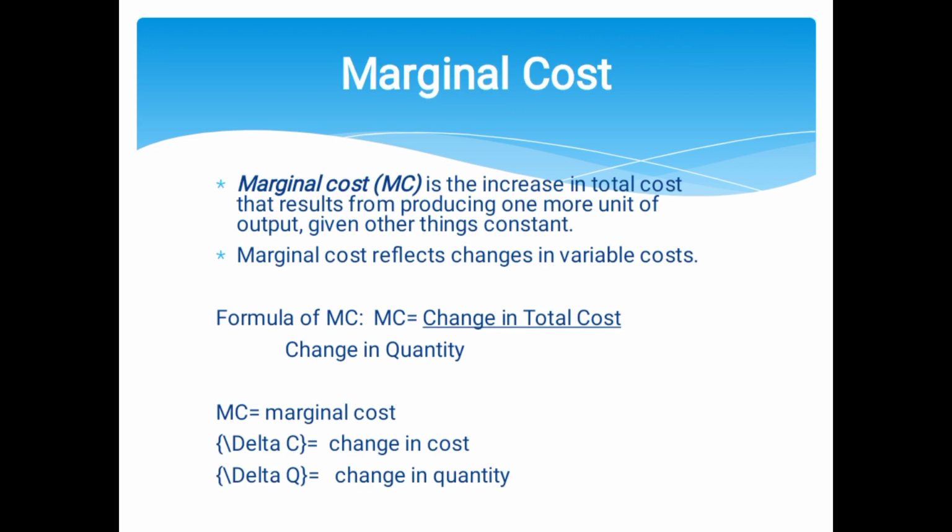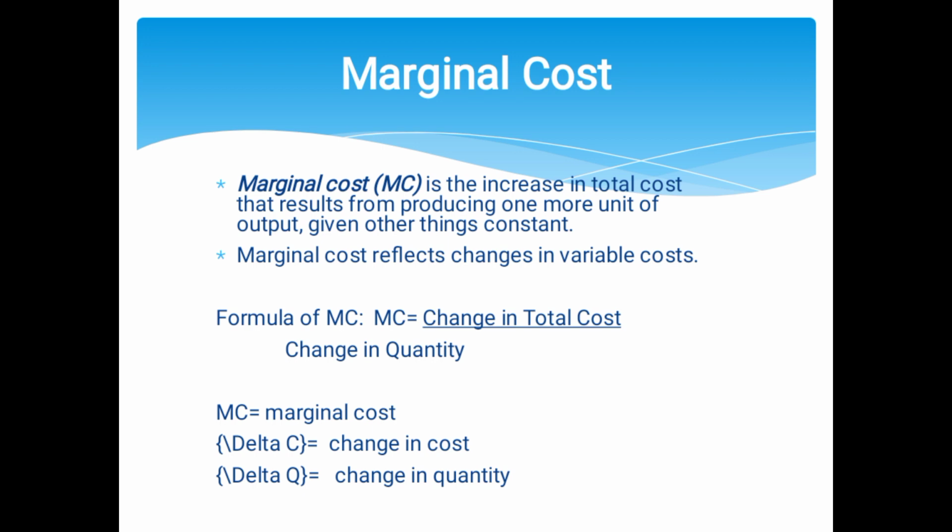So what is marginal cost? Marginal cost or MC is the increase in total cost that results from producing one more unit of output, given other things constant. Marginal cost reflects changes in variable costs. Here's the formula of marginal cost.